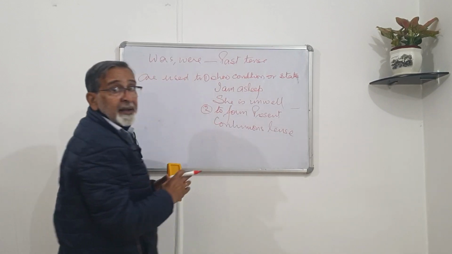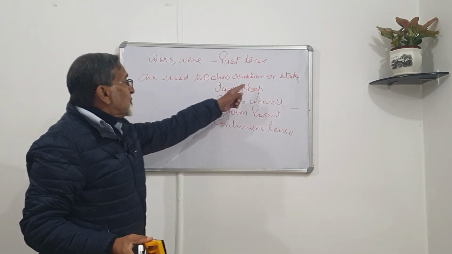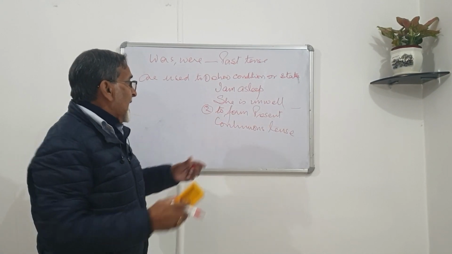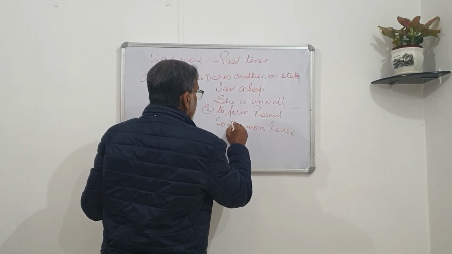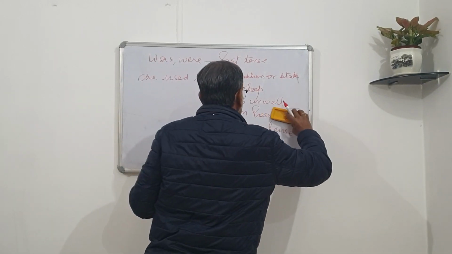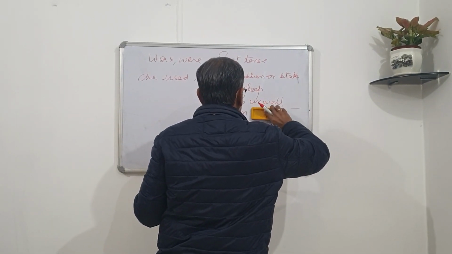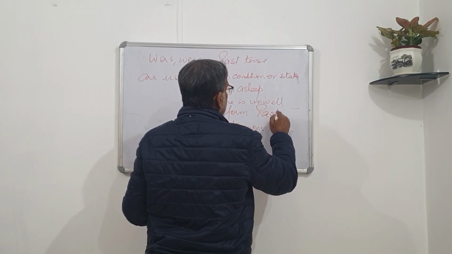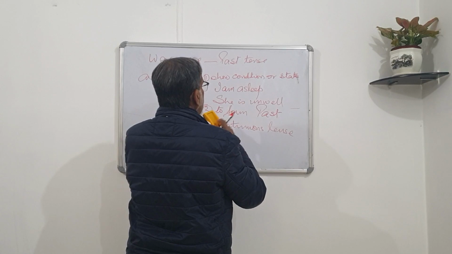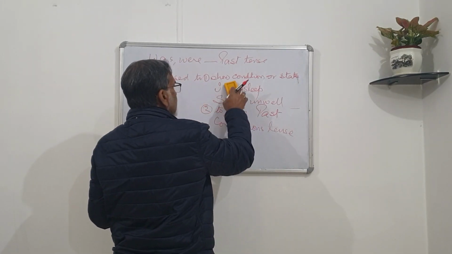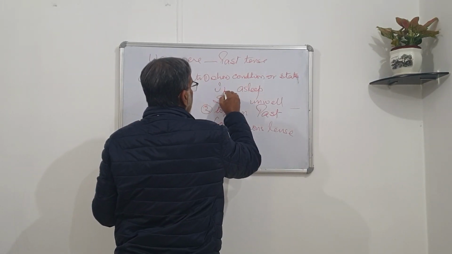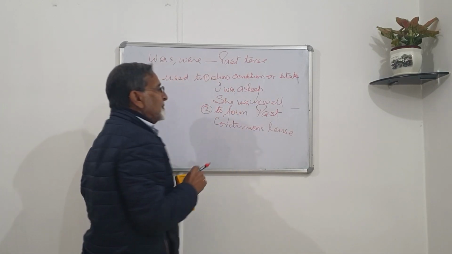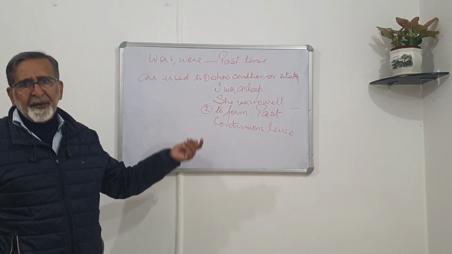And again, their usage is the same, to show condition or state, and to form past continuous tense. Past tense: I was asleep, she was unwell. The same thing, nothing difficult.